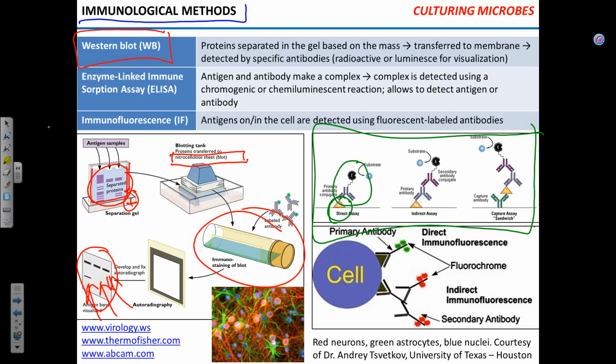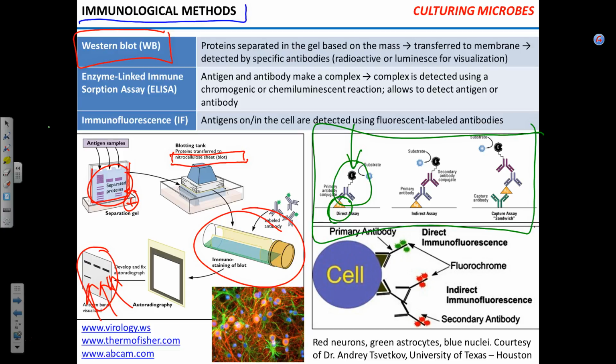You add an antibody that will specifically recognize the antigen you are looking for, and that antibody has an enzyme attached to it. This enzyme will produce some sort of signal. It can be changing color, it can be fluorescence, luminescence, something that you can detect.